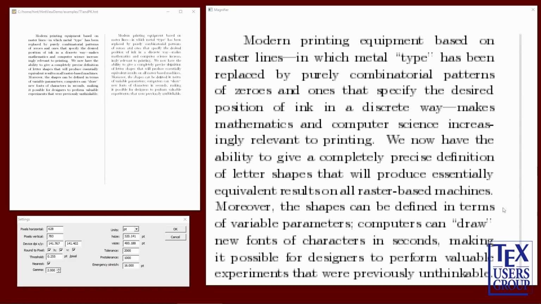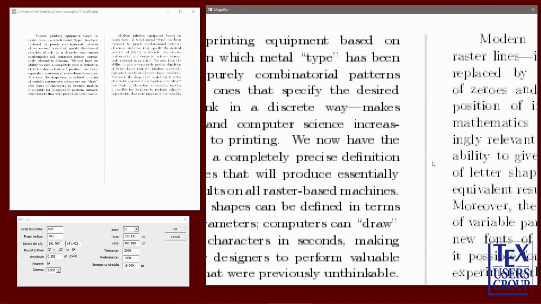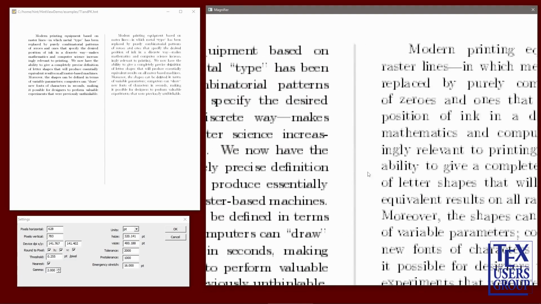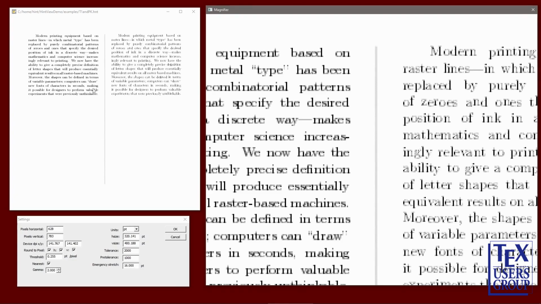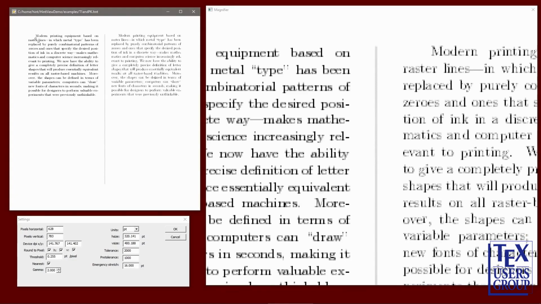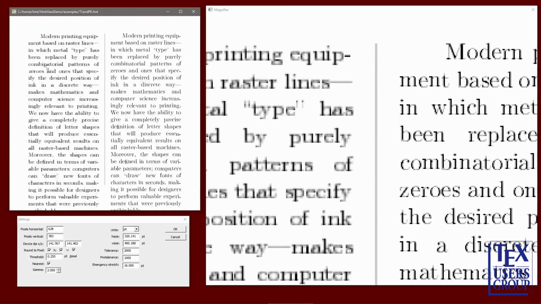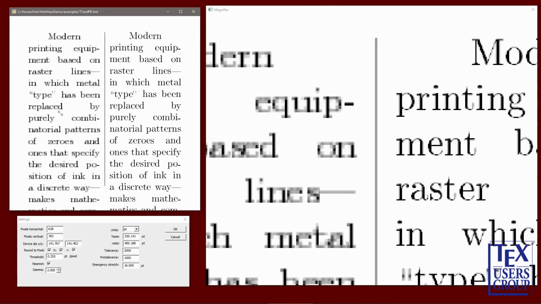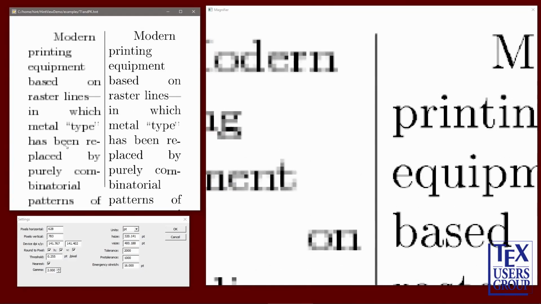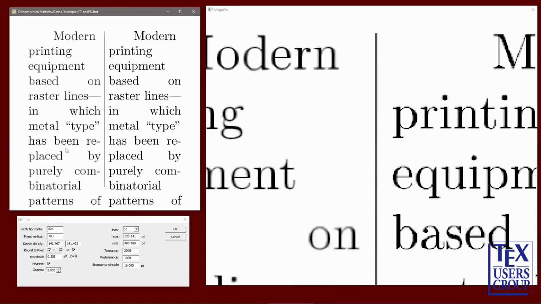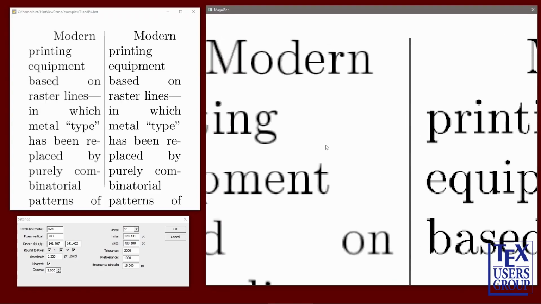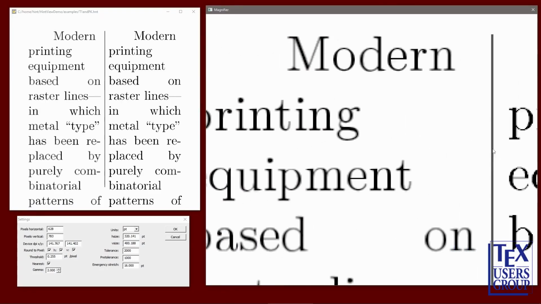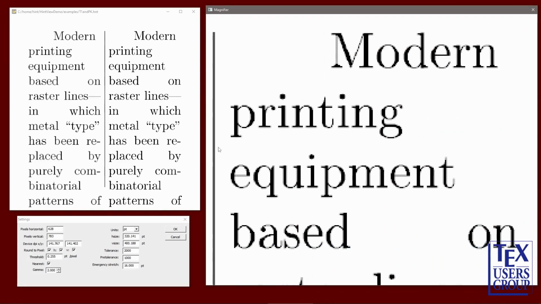Okay, here you see the font, and we see the differences. While scaling, I don't re-render the outline fonts, so they show pixels. But when I stop scaling, I re-render, and then they get more defined. So this is the Type 1 font, and this is the PK font.